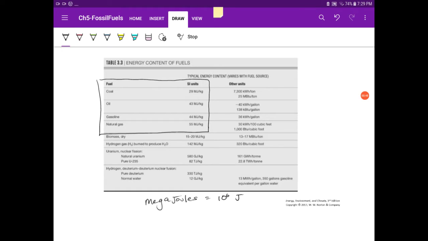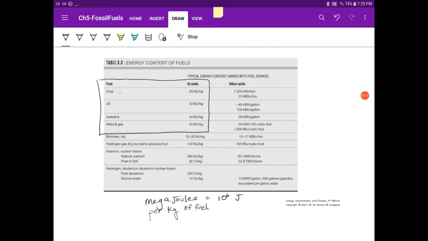And then per kilogram, it's important that we know per kilogram of what, and in this case, it's per kilogram of fuel. And we'll see why that is important in the next video, but it is important that we know that these numbers are per kilogram of fuel.